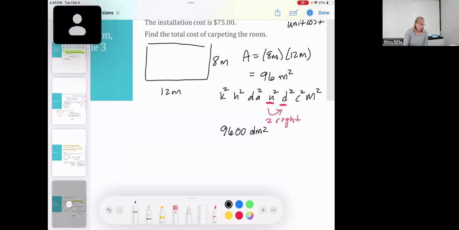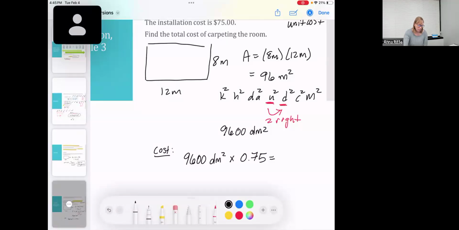Okay. Using the unit cost, we can take the amount of square decimeters needed to cover the room times the unit cost, or the cost per square decimeter. Put that into our calculator.